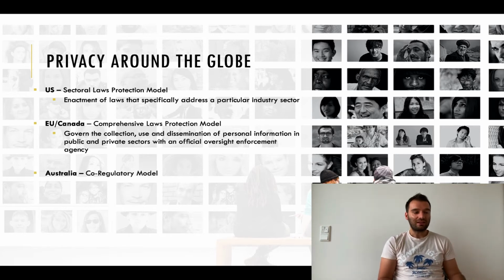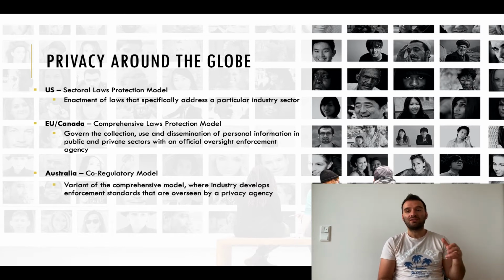Now, in Australia, the protection model is co-regulatory. The approach to privacy protection is a variant of the comprehensive model, where industry develops enforcement standards that are overseen by a privacy agency.